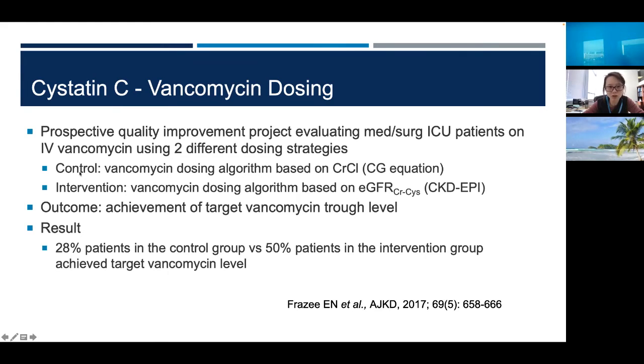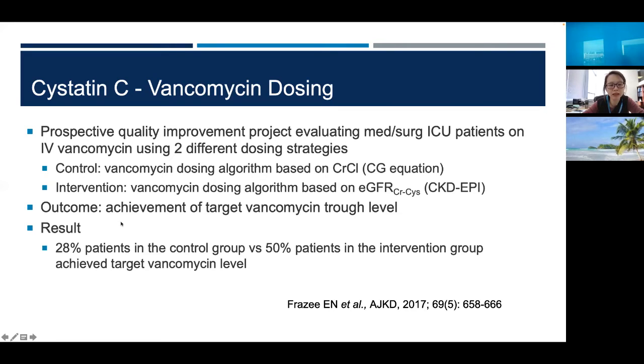This is what they used to do: a vancomycin dosing algorithm based on creatinine clearance calculated by the Cockcroft equation. From December 2013 to May 2015, they changed the vancomycin dosing algorithm to be based on the eGFR CKD-EPI equation, using both creatinine and cystatin C combined.